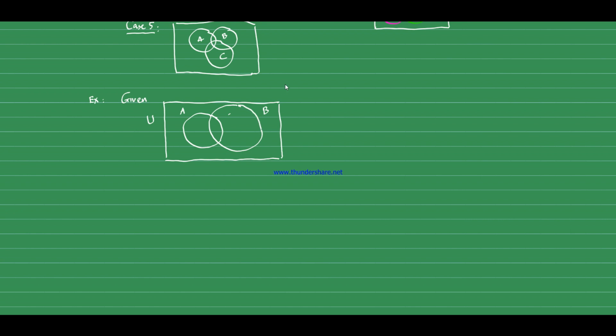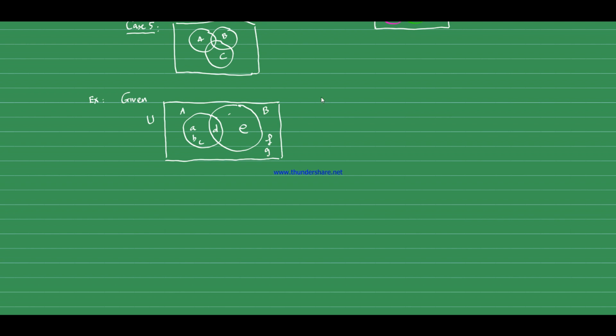There you go, a little bit better. Set A has four elements: A, B, C, D, and D is the element shared in common between sets A and B. Set B has two elements, D and E, and over here I have element E only. In the universal set we also have elements F and G.